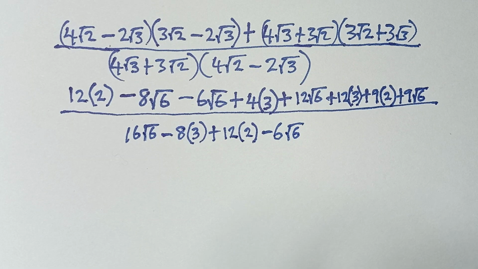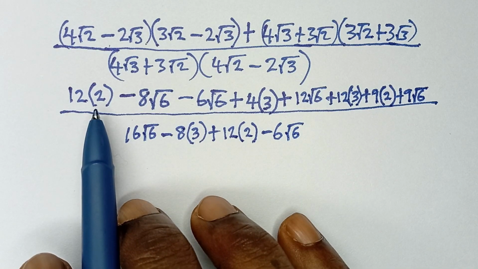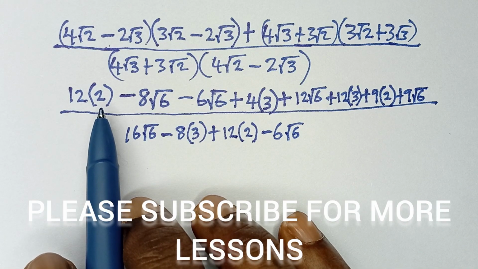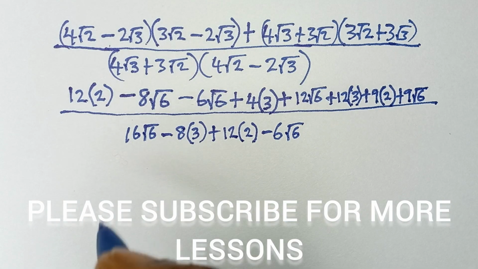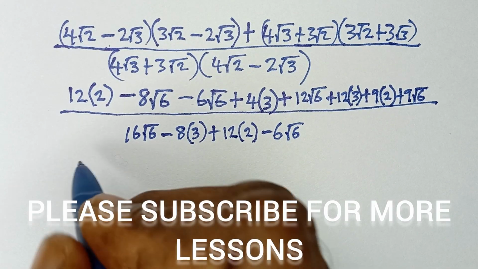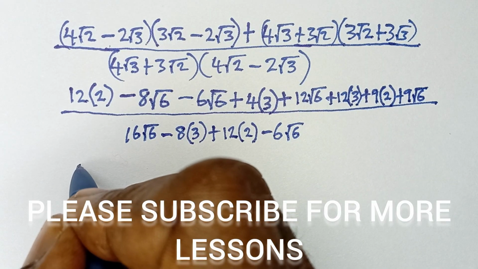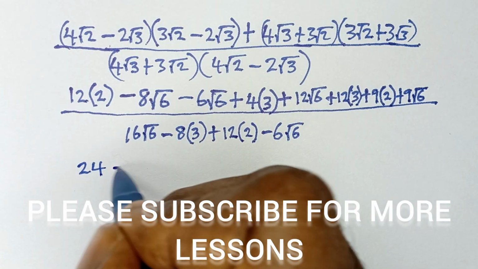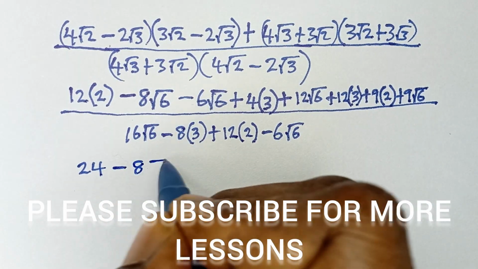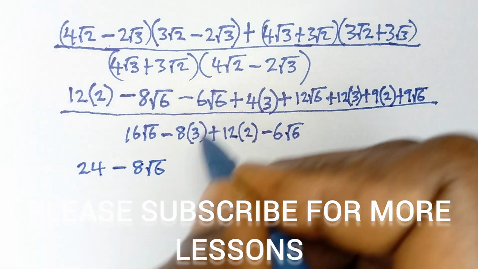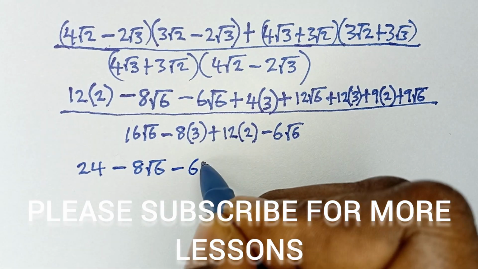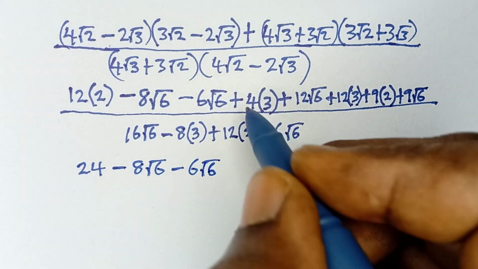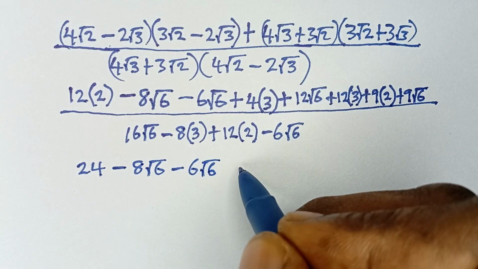So coming to the numerator here, 12 multiplied by 2, that will give me 24. I have 24 there. Then this remains 8 root 6. Then this remains 6 root 6. This will be 12.